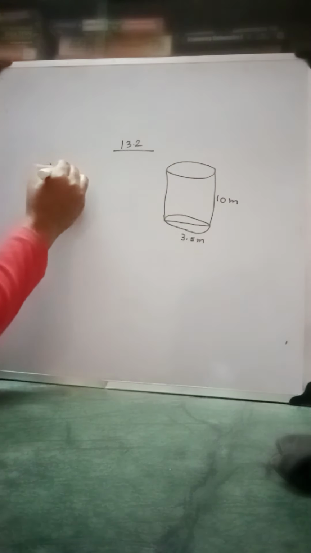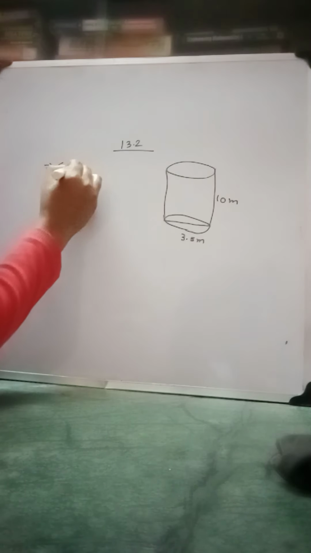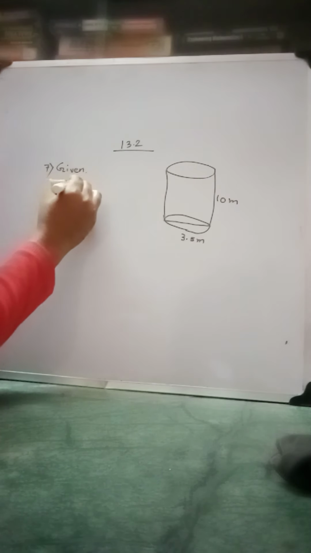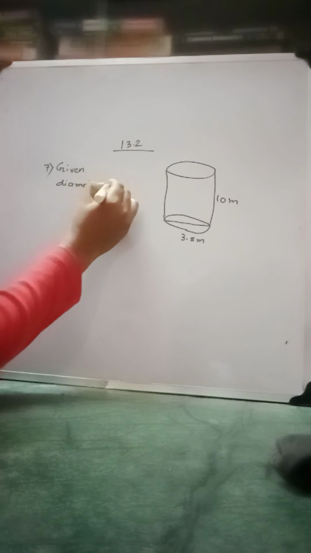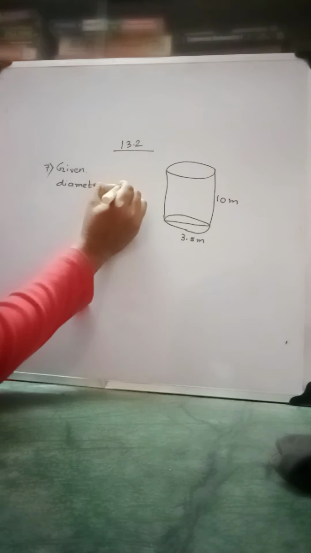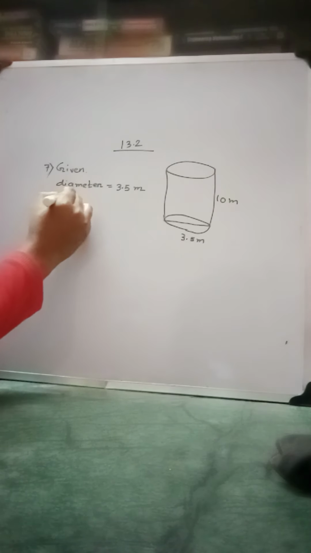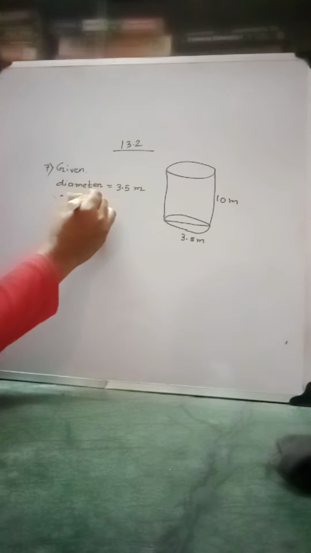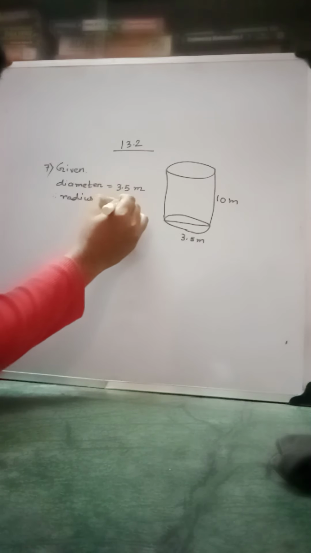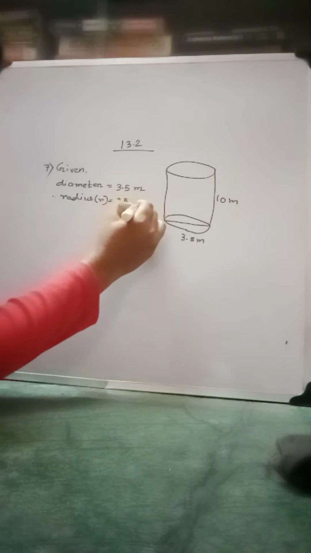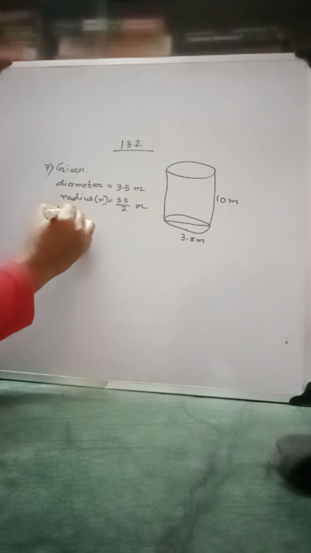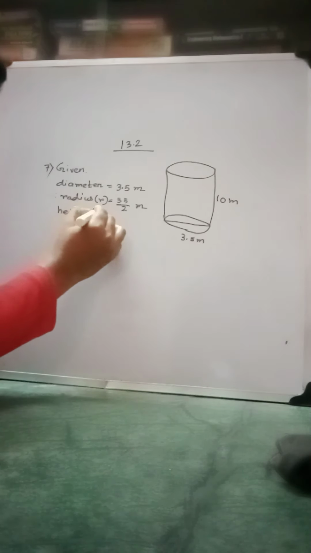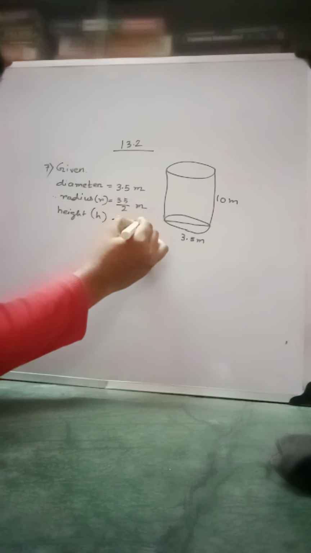So what is given is that diameter equals 3.5 meter, therefore radius r equals, we can write, 3.5 by 2 meter. Okay, and also height is given, h equals 10 meter.